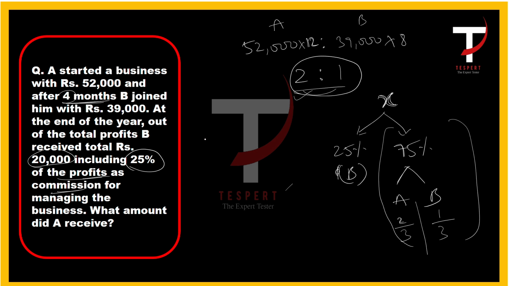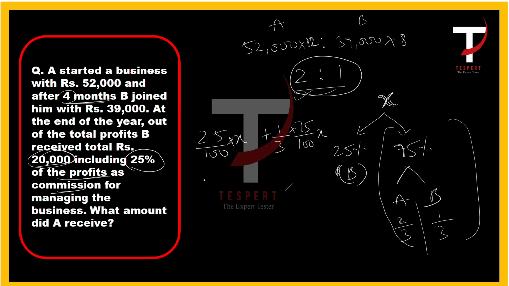So here 25%, which is equal to 25 by 100 into total profit, which is X, plus 1/3 of 75% of X, and this will be equal to 20,000, right? So he's getting a total of 20,000.